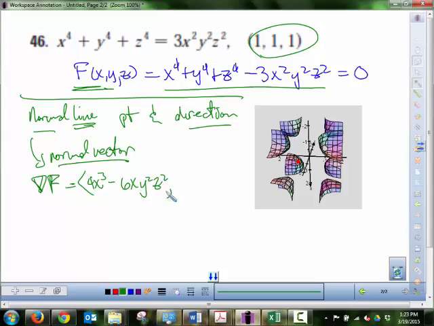With respect to y and with respect to z are going to be pretty similar. So the partial with respect to y is 4y cubed minus 6x squared y z squared, and then finally 4z cubed minus 6x squared y squared z. That 2 from the z came down.